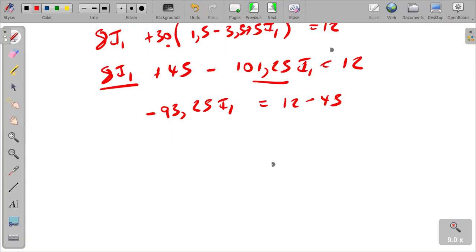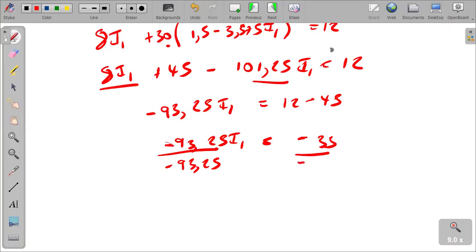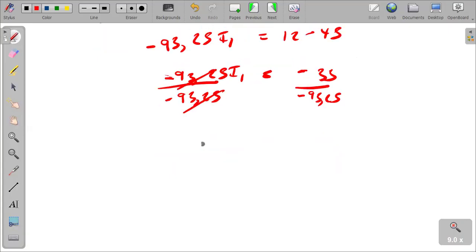There we are. So we've just added the like variables there. So we have minus 93.25 I1 is equal to minus 33, right? We therefore divide by negative 93.25, and that will give us I1 being equal to 0.354 amperes, positive.